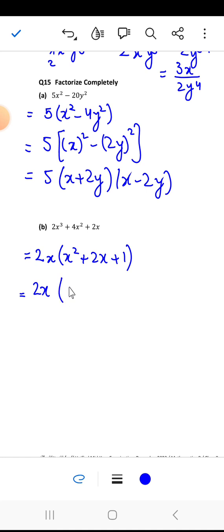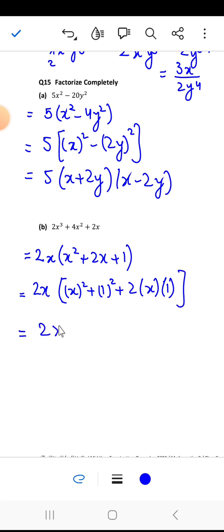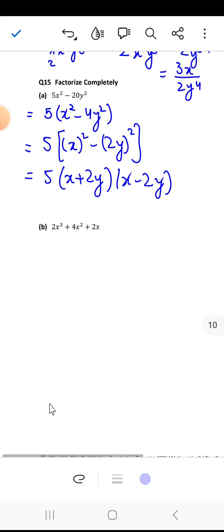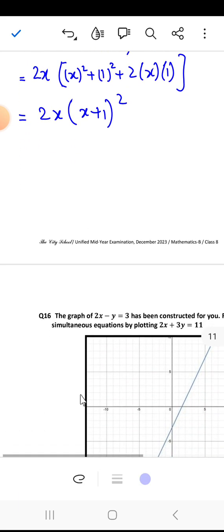So 2x into, basically this is formula number 1. Why? Because this is x square plus 1 square plus 2 into x into 1. So I can write down 2x into x plus 1 whole square. So I have figured out 3 different factors: one is 2, one is x, and one is x plus 1. So moving on to the next question.